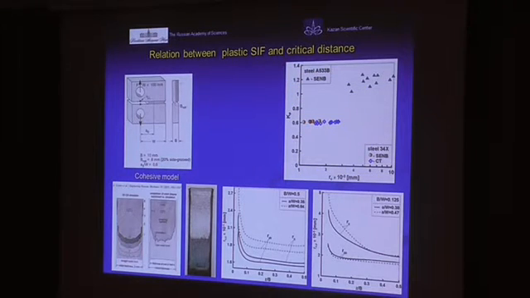I would like to draw your attention to this figure. It represents experimental data for two kinds of steels with the same elastic properties, including fracture toughness. These two steels have the same Young's modulus and fracture toughness, but you see that the plastic stress intensity factor is different.